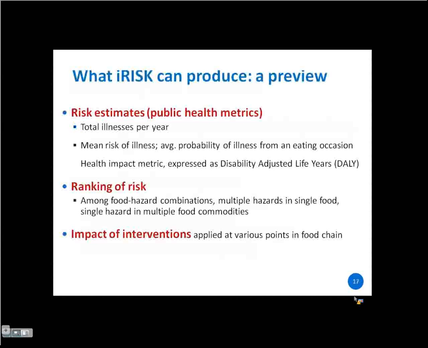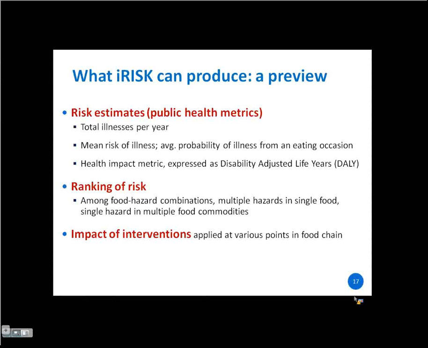So now a preview of what iRISK can produce. The outputs of iRISK include risk estimates, risk ranking, and results on the impacts of interventions. First, for a single food hazard combination, risk estimates in several metrics are available, including the classic traditional total illnesses per year in the population, the mean risk of illness per serving, and also a health impact metric expressed as DALY, or disability adjusted life years.